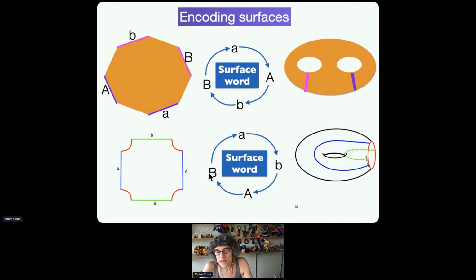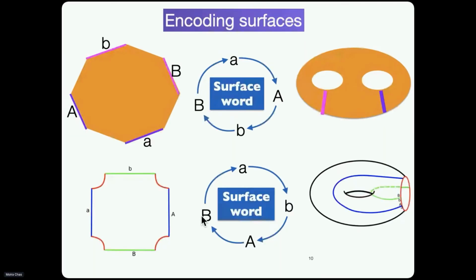The answer is yes, because knowing the procedure for getting the surface word, I can always go back. But I have made choices when I do the cuts. Not in this case, these are very simple surfaces. If I make a different choice, one surface can have 2 different surface words, but we're usually going to fix the surface word.